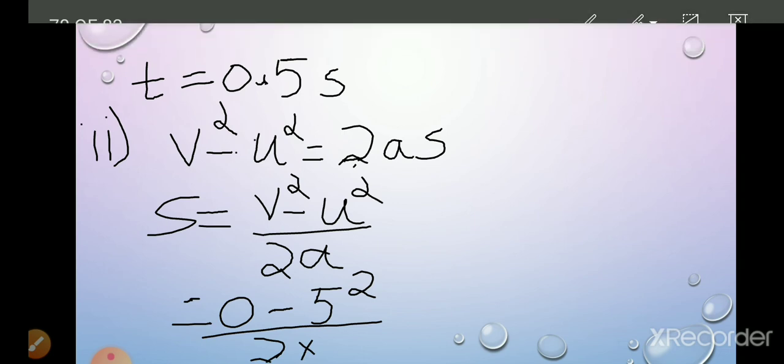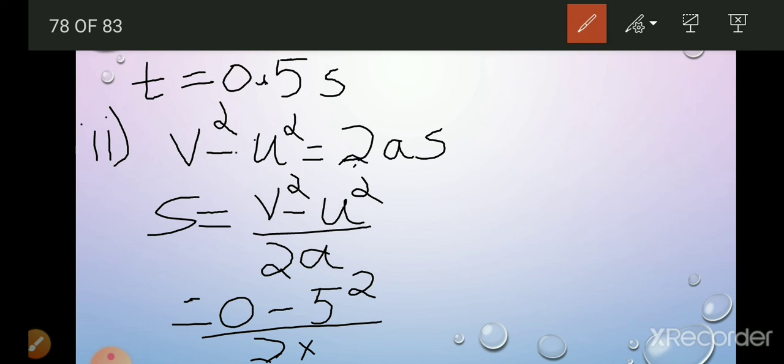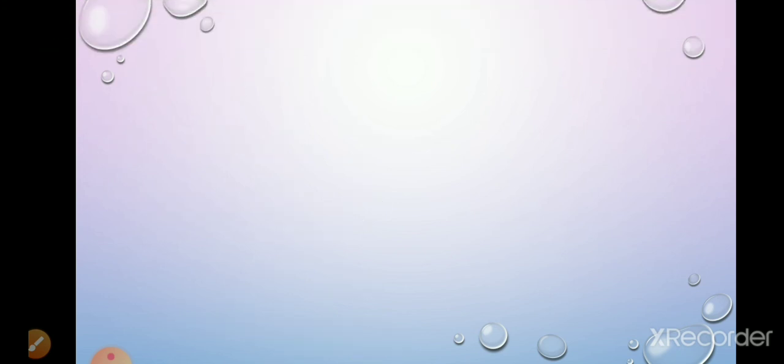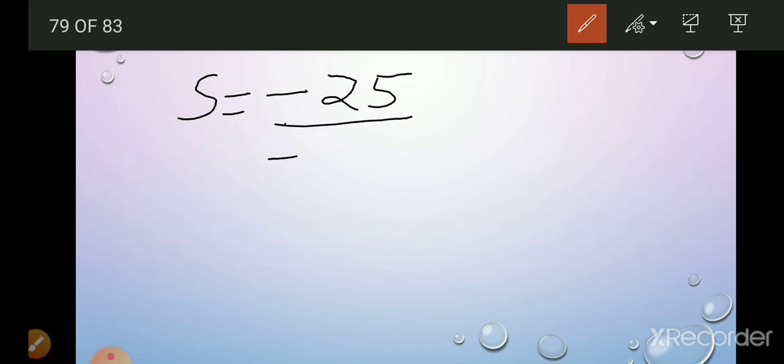We have acceleration a is equal to minus 10 meter per second square. So if you substitute, you are going to get minus 5 square, which is minus 25, divided by minus 10 into 2, which is minus 20.